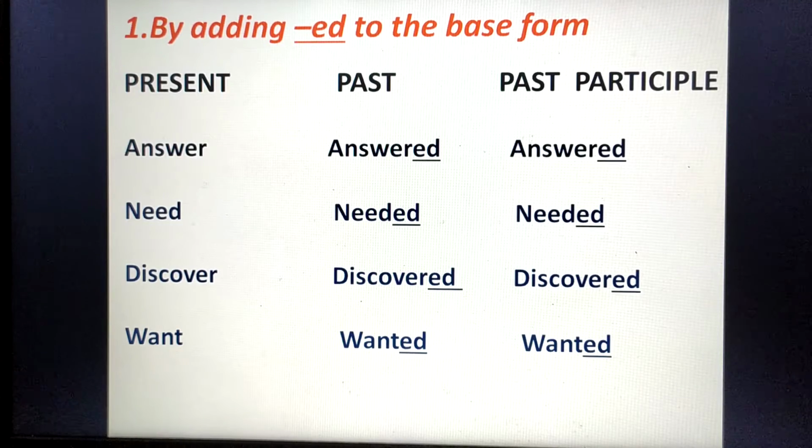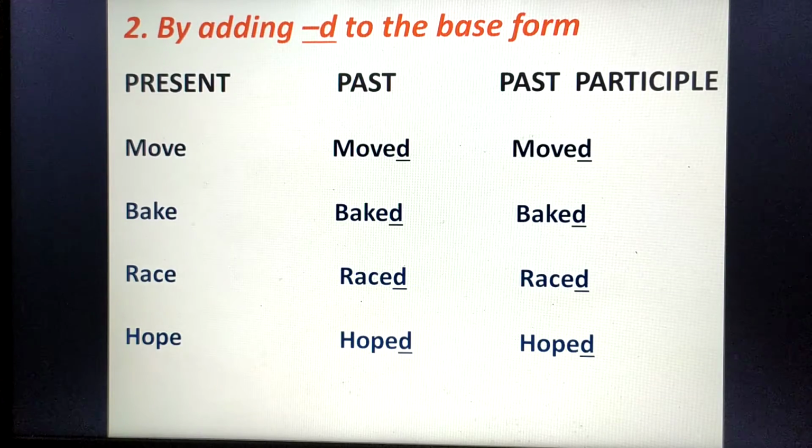Want, wanted. Here we did not do any modification in the base word. We simply added ed to it to make it past and past participle. So we can say that there are some cases when we need to modify some parts of the words when we are adding ed. Otherwise, we simply need to add ed to the base word.